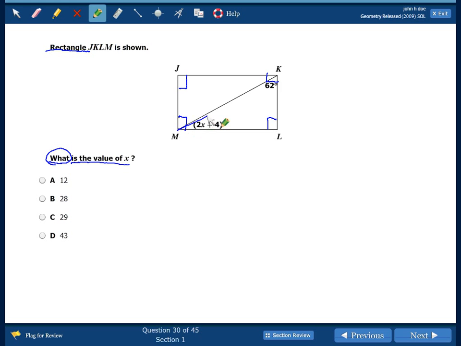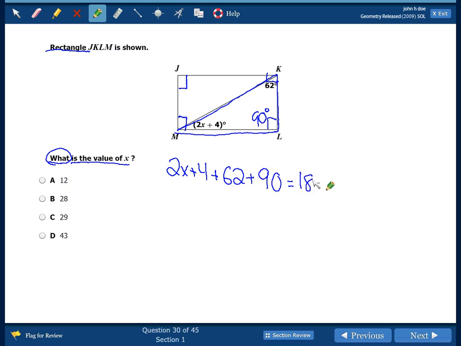We should see that we have a triangle, and then all 3 of those angles have to add up to 180. So we have 2x plus 4 plus 62 plus, remember this is 90 degrees, is equal to 180. When we combine like terms, 4 plus 62 plus 90 gets us 156 equals 180.